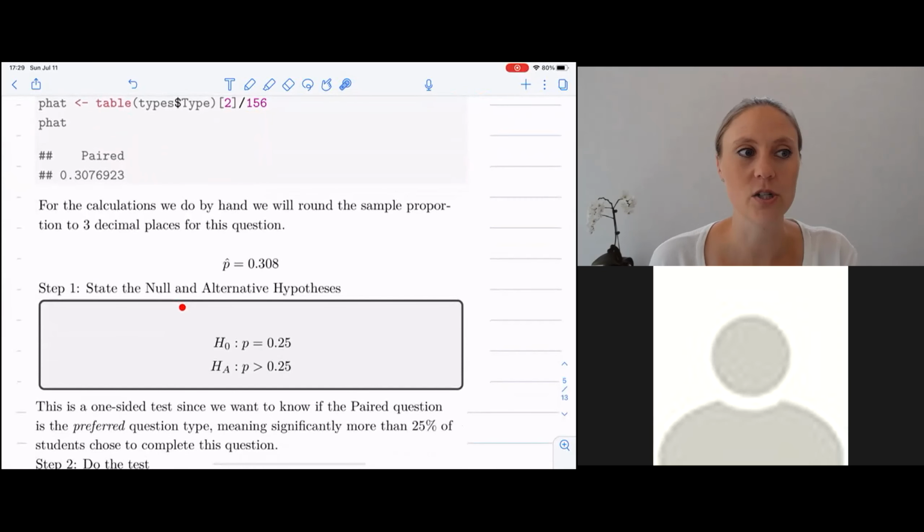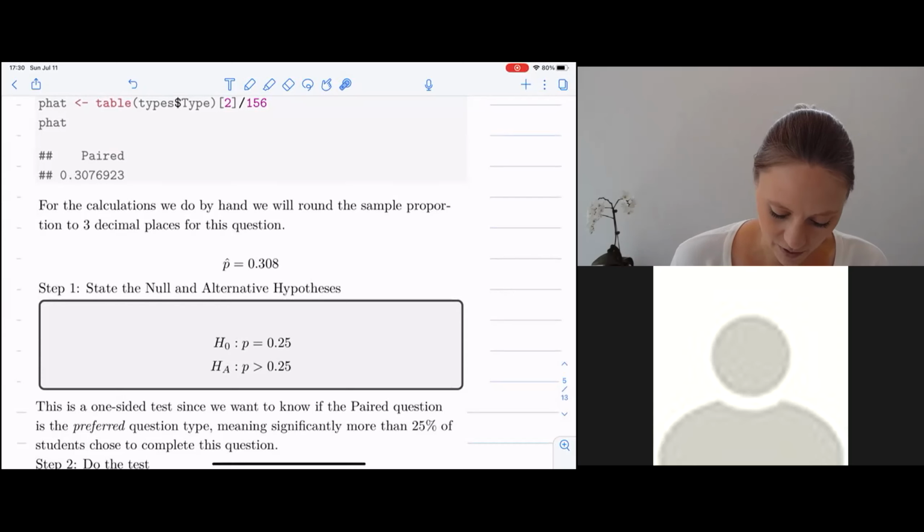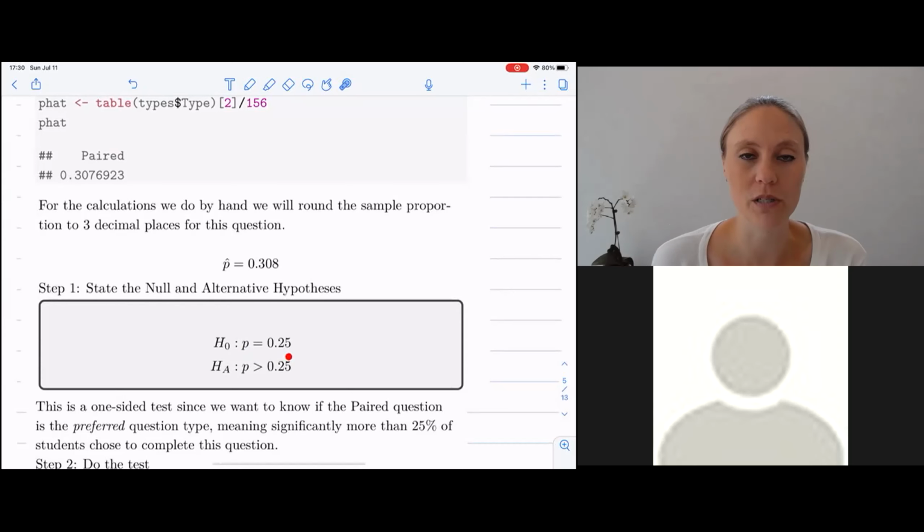Now I'm ready to actually start my hypothesis test. Step 1 is, of course, state the null and the alternative hypothesis. What's nice is I've already done the null hypothesis. I've already decided that p equals 0.25 is the null hypothesis.